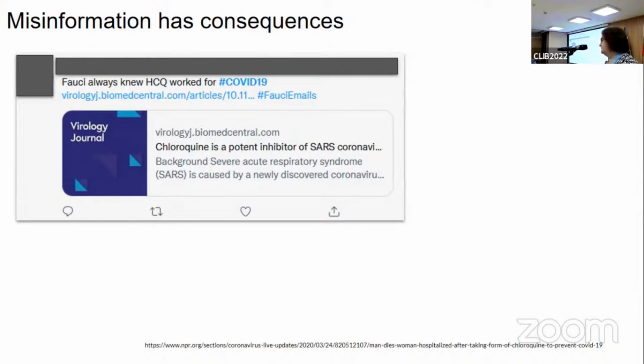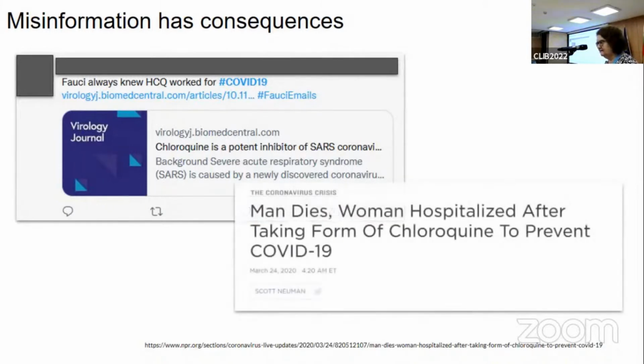Because it looks quite credible on the surface, somebody makes a claim and attaches a scientific article, this has a lot of credibility, so some people might be misled, and then you have potentially very, very bad consequences. People can die or be hospitalized because they took the wrong substance.